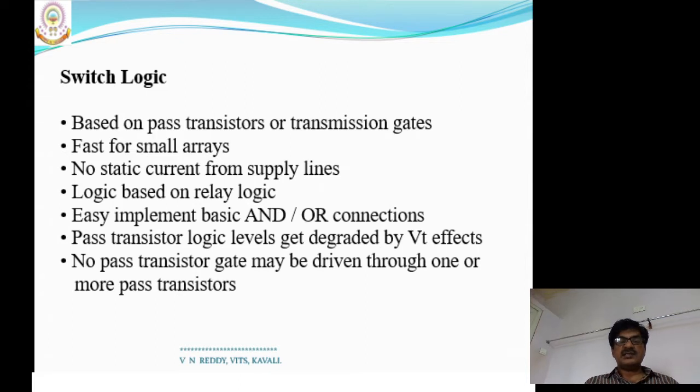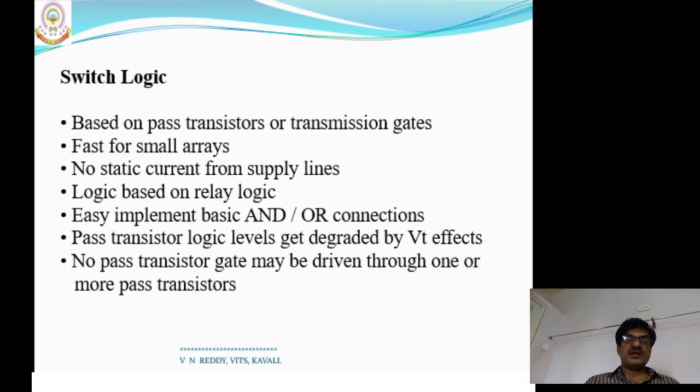But the pass transistor logic suffers with degradation of voltage levels because of the threshold voltage, and you can't drive more number of pass transistors with one another.